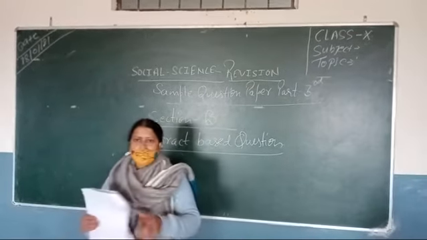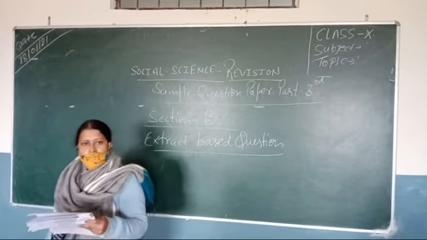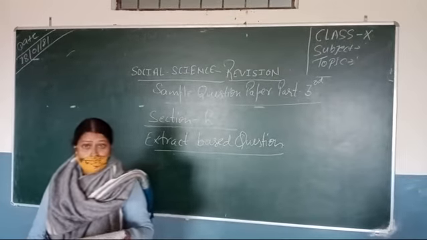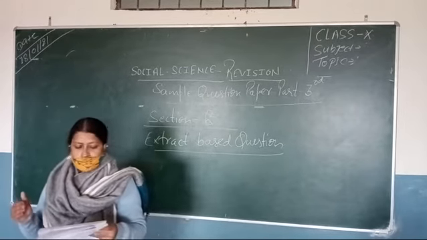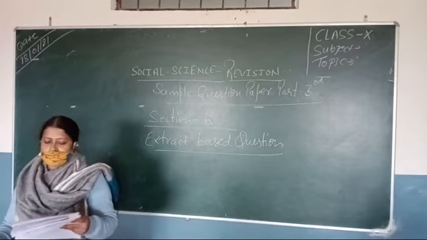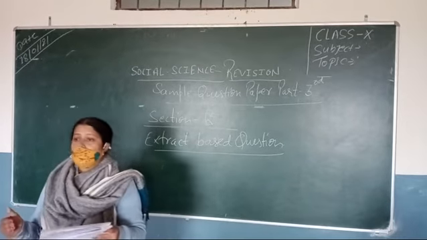Okay, now the first question for 1 mark. Explain the role of Justice Party in boycotting of council elections.